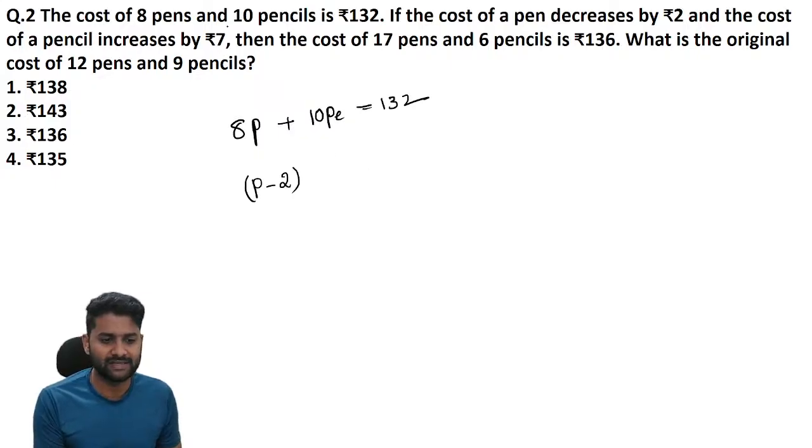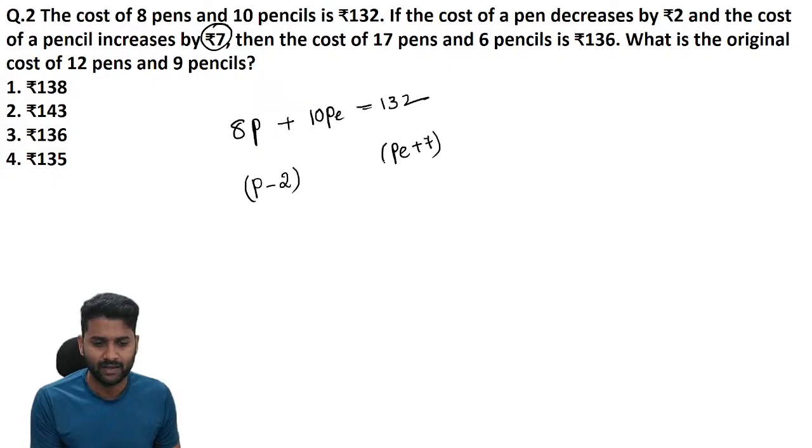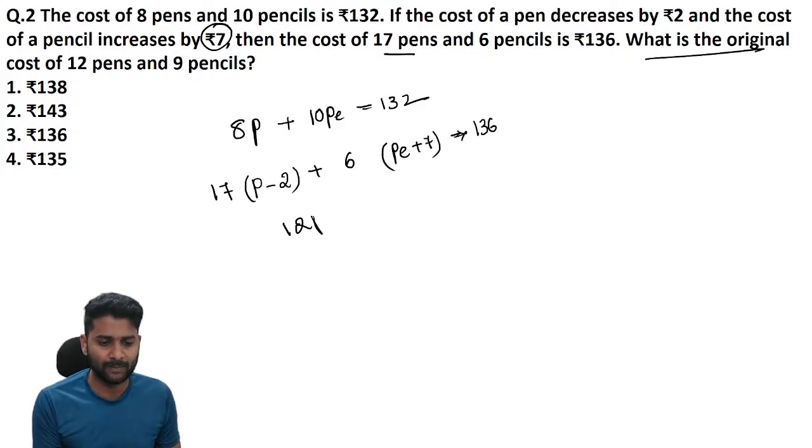And the cost of a pencil is increased by 7. After these changes, the cost of 17 pens and 6 pencils is equal to 136. Now what is the original cost of 12 pens and 9 pencils?